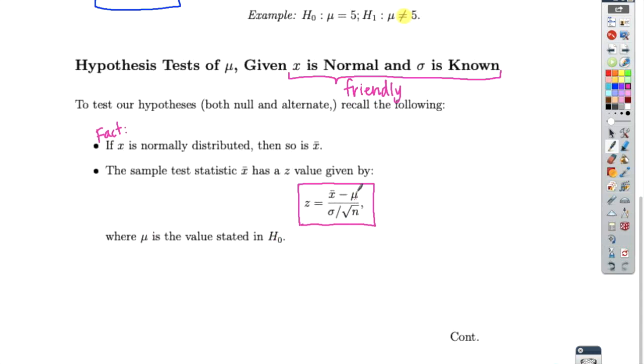So you'll always have mu, that's in the null hypothesis. You will have sigma, it will be given to you in the problem. You'll have n, that's the number of data values, that's the size of your sample. You'll be given that in the problem, and you'll be able to find your sample mean. Okay, so we're going to basically do that and convert the x bar value to a z-score.